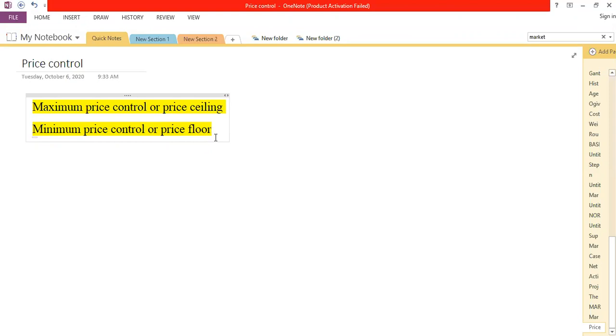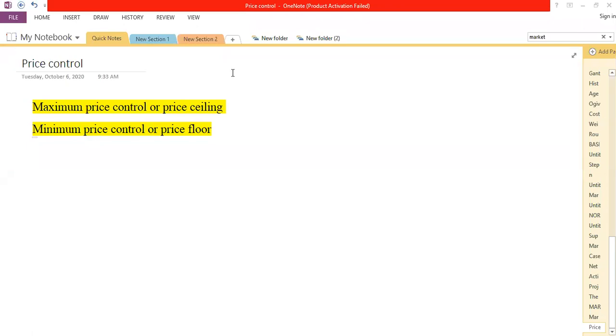I repeat, if the price set by the market forces of demand and supply is too low, then the price we are calling the minimum price will be set by the government with the aim of making such a price relatively high. Therefore, it is a price acting as a floor. Why?